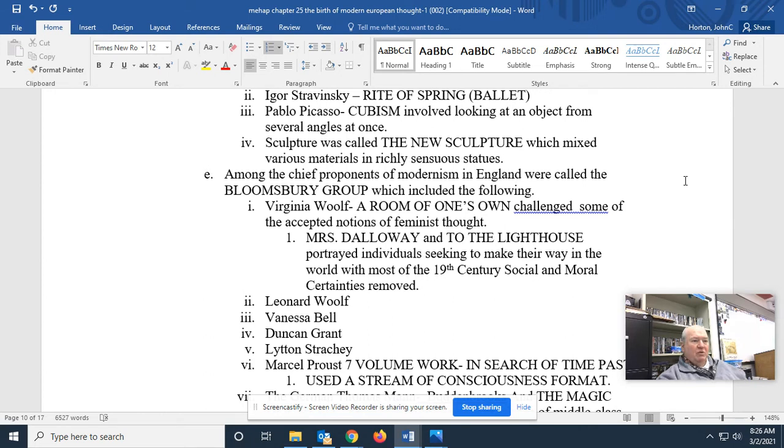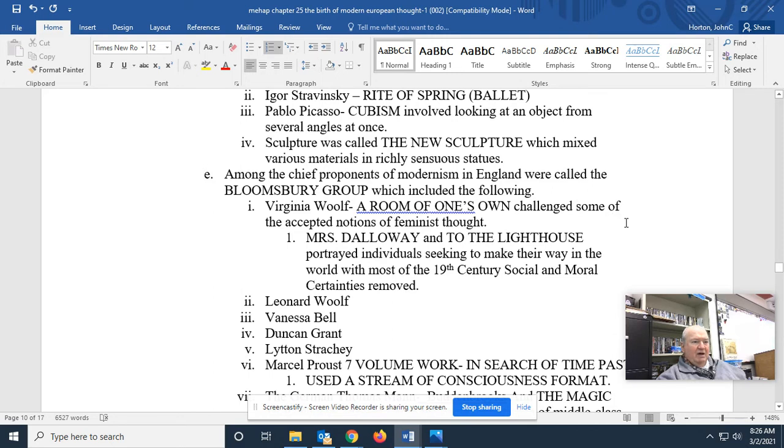Virginia Woolf, who wrote the book A Room of One's Own, which challenged some of the accepted notions of feminist thought. In A Room of One's Own, basically, it said that women needed a place where they could get away from the influence of man. In other words, a room to themselves, where they could be independent, before they could grow.